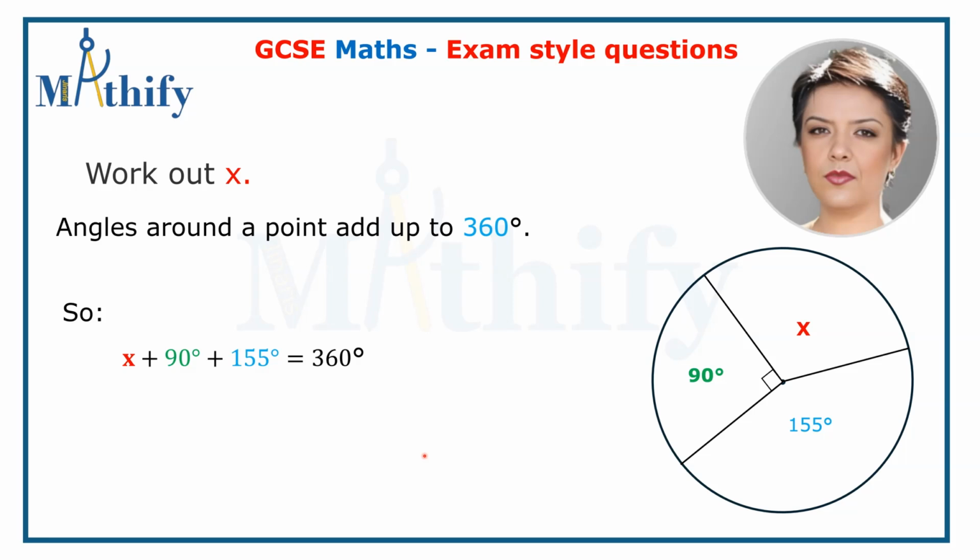Or if you want to make it easy for yourself, you can add these straight away. So 90 plus 155 is equal to 245. We'll make x the subject: 360 minus 245, or x is equal to 360 degrees minus 90 degrees minus 155 degrees. Our final answer will be 115 degrees. So this is our final answer.